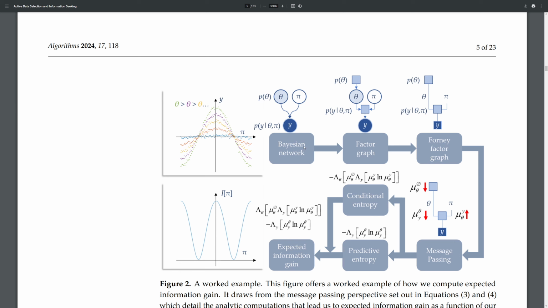And the way that we actually do that is that we have this Bayesian network that we just built up. And then we're going to be using all of the parent as well as the child messages that we were talking about earlier to build the factor graph. We're going to move into a Forney factor graph, which just makes message passing a little bit easier. The main difference is now variables are going to be represented as edges instead of these circles here.